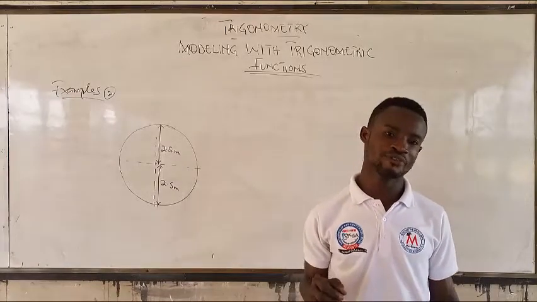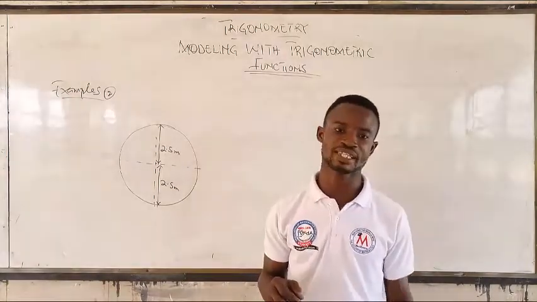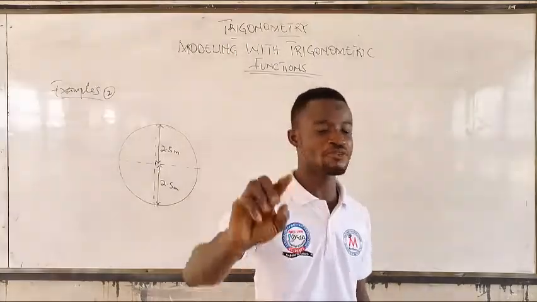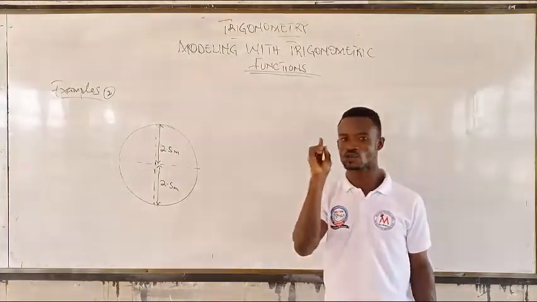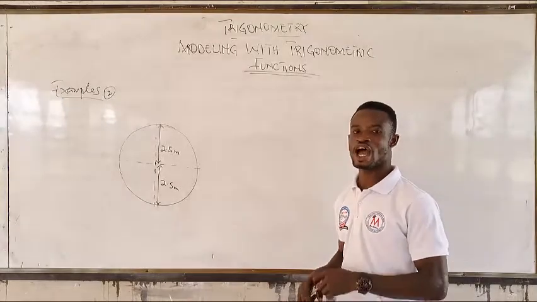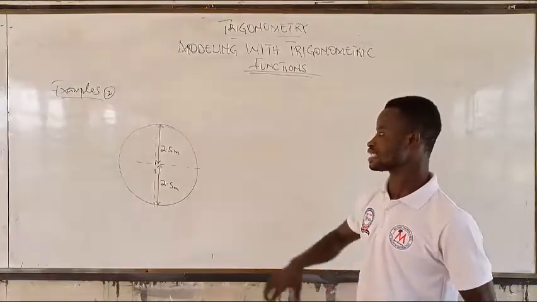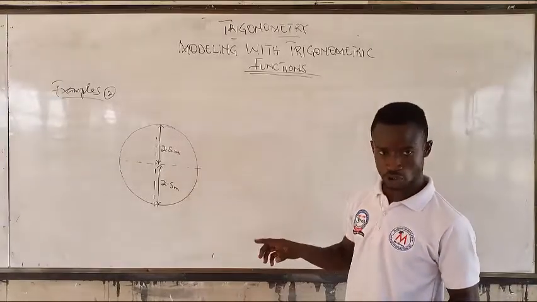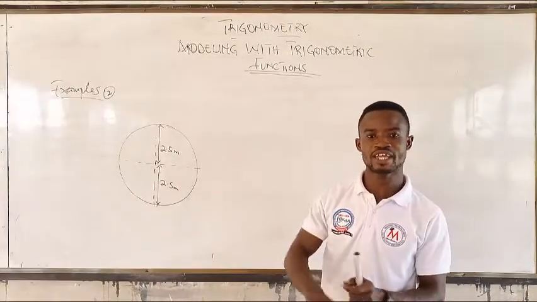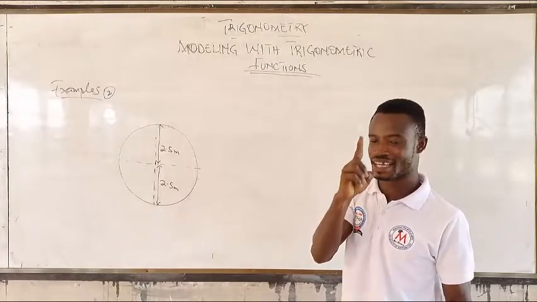So a Ferris wheel with radius 2.5 meters makes one revolution after every 12 seconds. So we are saying that this makes one revolution after every 12 seconds.